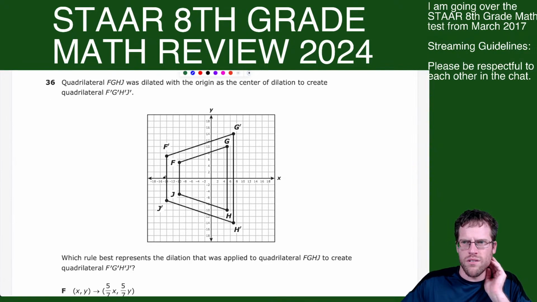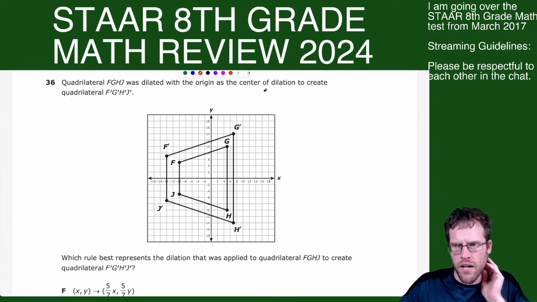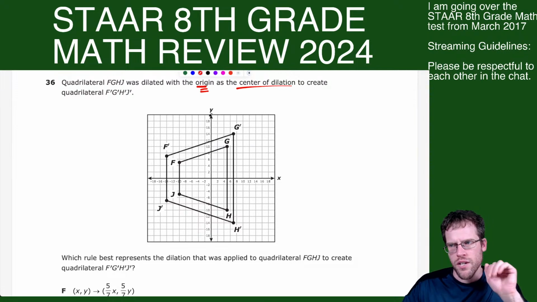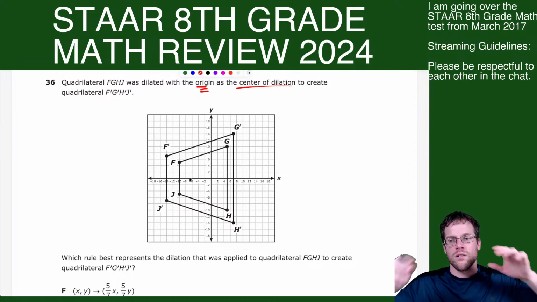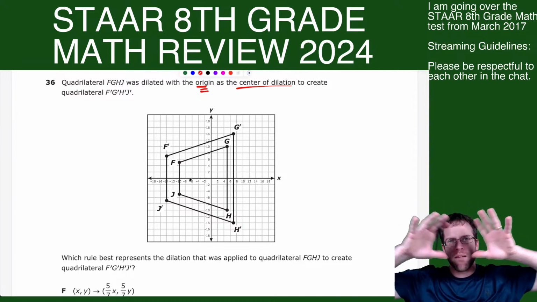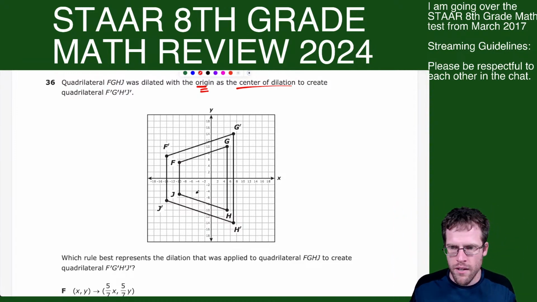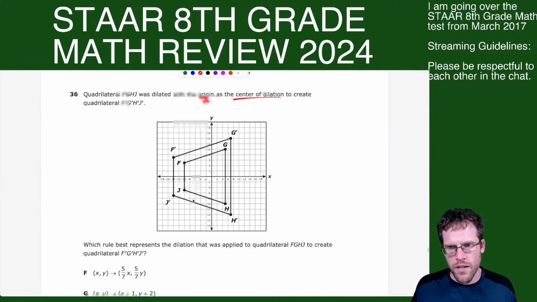All right, more dilations. Center of dilation is the origin. Okay, so cool. So we have FGHJ being dilated, center of dilation at the origin to create the image F prime, G prime, H prime, J prime. Notice that the trapezoid, it looks like a trapezoid, is getting bigger. So that's one of my first observations.